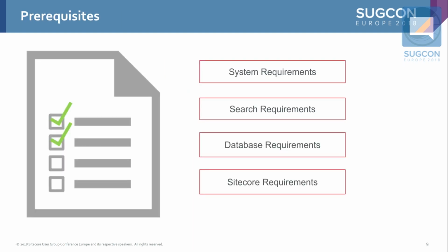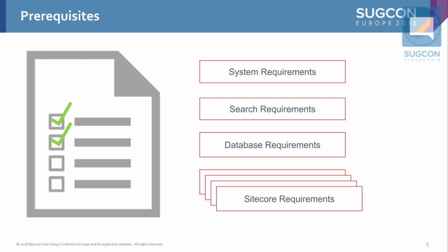The second functionality that we add is installing prerequisites, because for now we have a lot of prerequisites. There are some system requirements necessary to install Sitecore, search requirements, I mean installing Solr, database requirements, and Sitecore requirements itself.